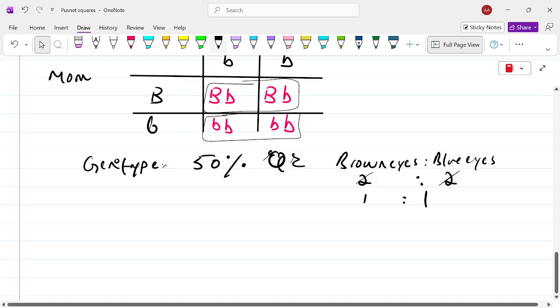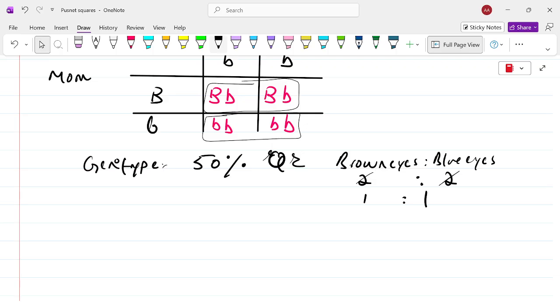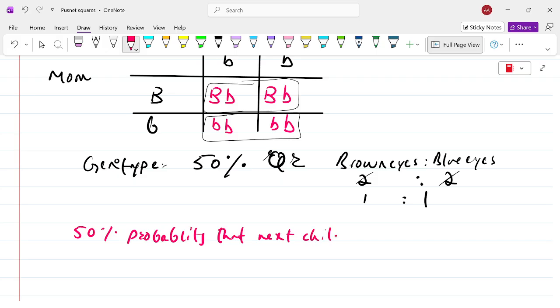And phenotypically, we can say there's a 50% probability. You're gonna write it exactly the same. There is 50% probability that the next child will end up with blue eyes.